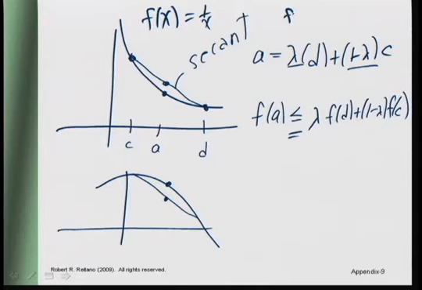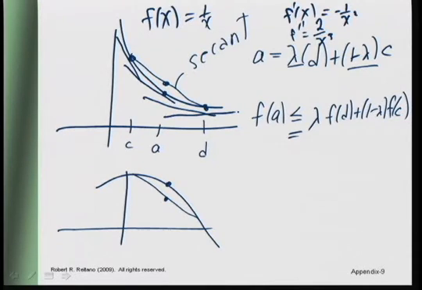Its first derivative is minus 1 over x squared, and the second derivative is 2 over x cubed. It's a positive quantity. So this is convex when x is positive, and in fact the first derivative, which is the slope, is increasing. If you graphed the derivative function, it's an increasing function. So that's a convenient way of checking.